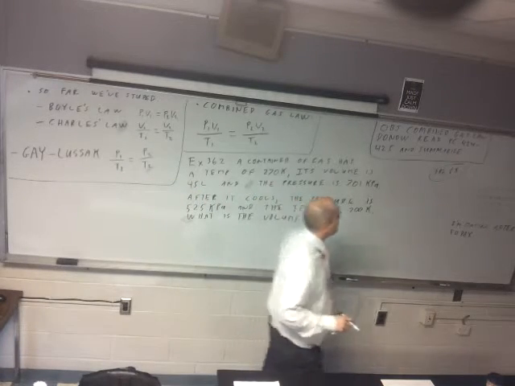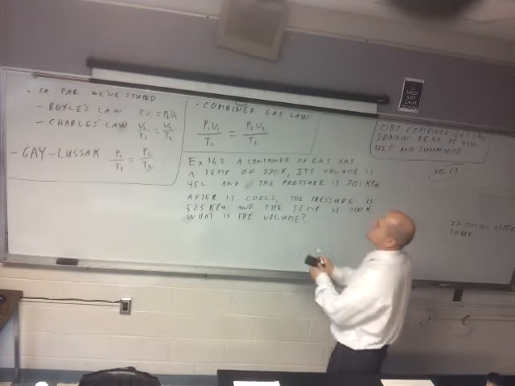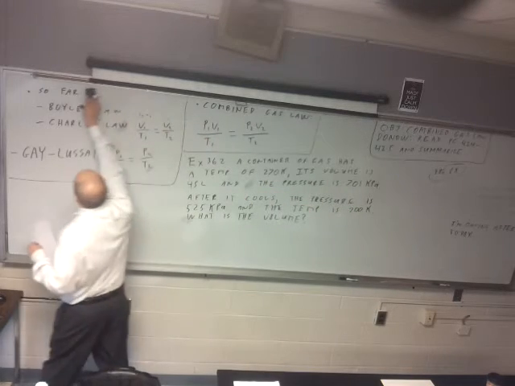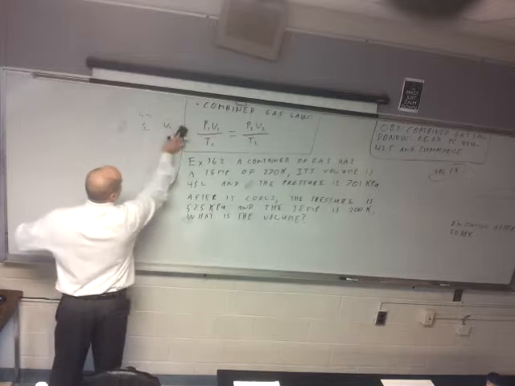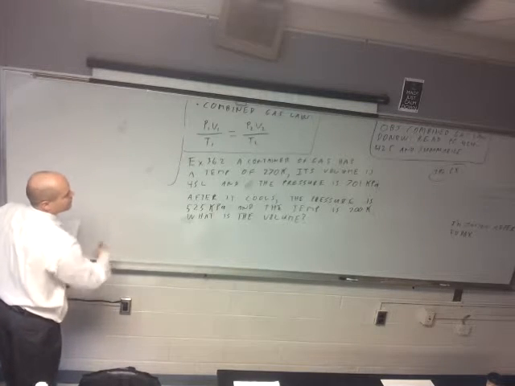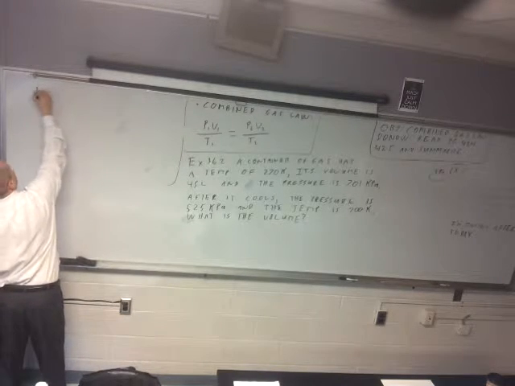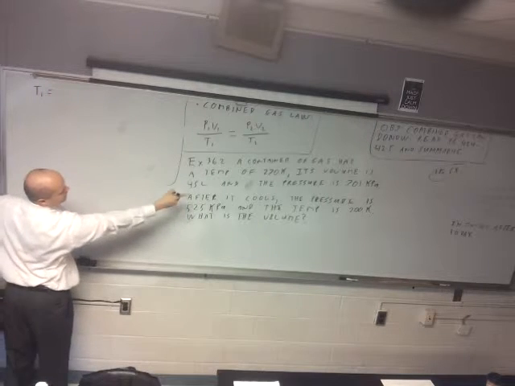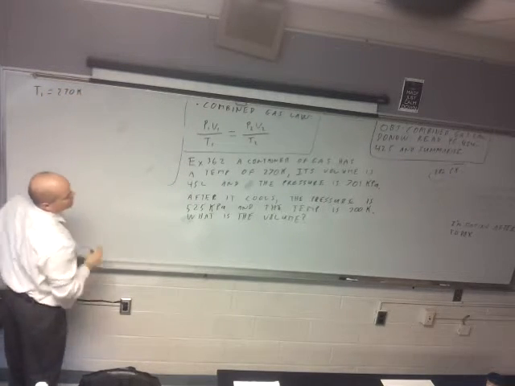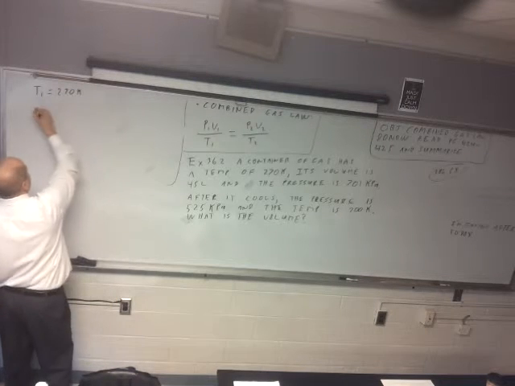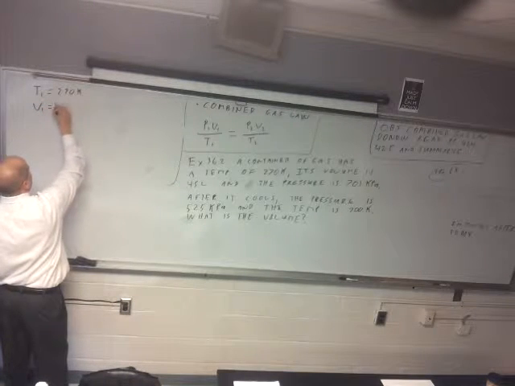All right, so let's make some room here because we got some work to do. The first thing we're going to do, of course, is list our givens. T1 is 270 Kelvin. V1 is 45 liters.